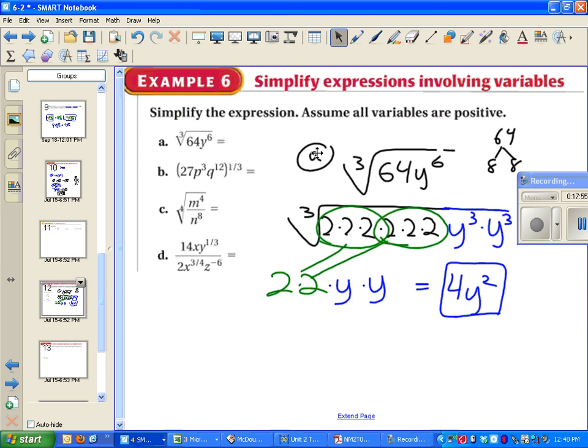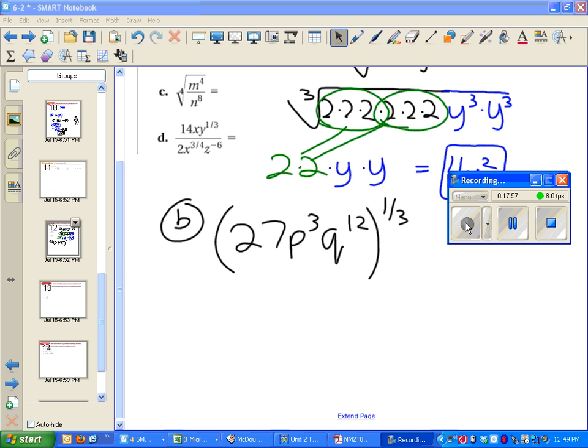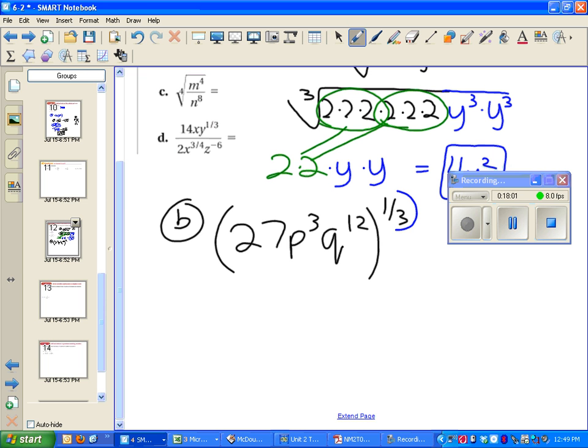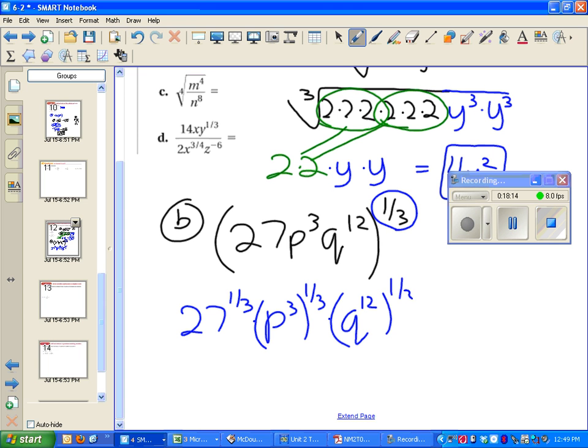For part B, we are going to distribute the 1/3. So we're going to get 27 to the 1/3 power times p cubed to the 1/3 power times q 12th to the 1/3 power.